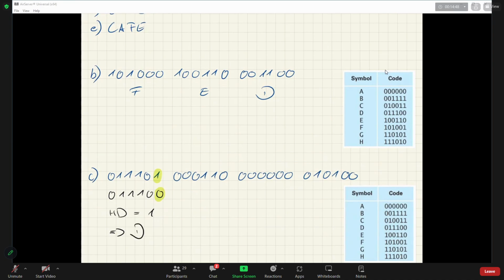Then the next one, 0, 0, 0, 1, 1, 0. We are also not finding it here. And we are again comparing. The shortest Hamming distance that we will find is the one to E, because for E we have 1, 0, 0, 1, 1, 0.